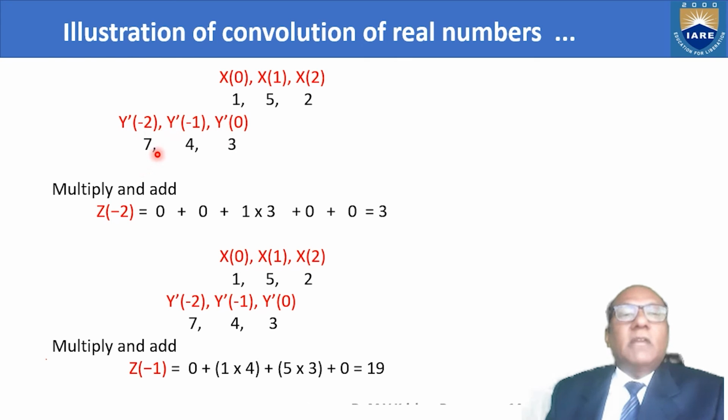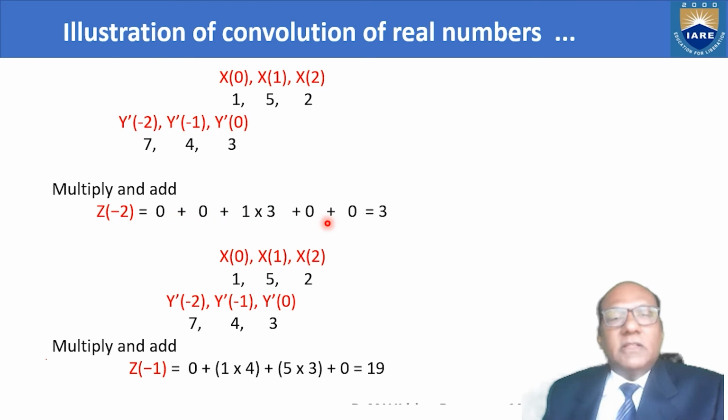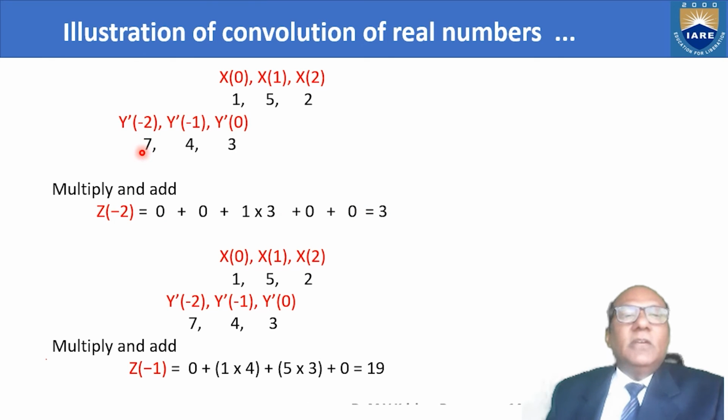Now what I will do is multiply these two. So there is 0 here, 0 into 7, 0 into 4, 1 into 3, 5 into 0, 2 into 0. So I have a summation here: 0 plus 1 into 3, this term, and here 0 and here 0. Then multiply and add all these products. Then I have 3 here. What is this position?